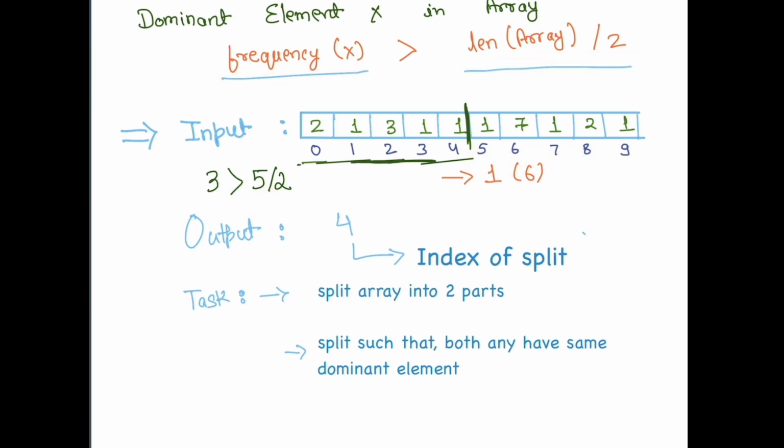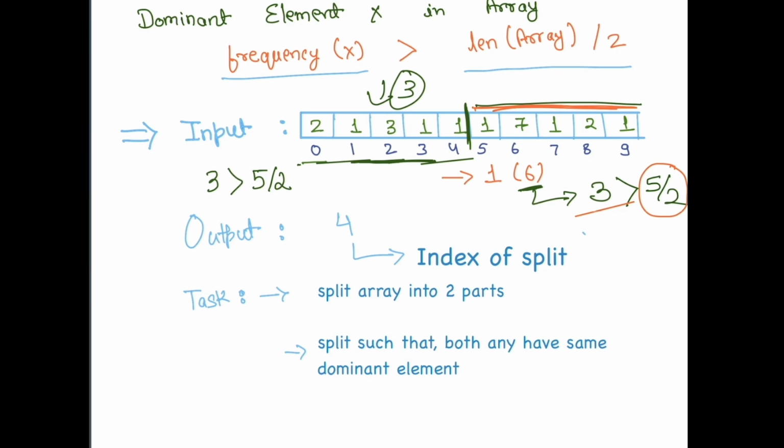So check the other part as well. Since this part has 3 elements, and we know that originally we had 6 elements, the other part will have 3 dominant elements. Is this more than 5 by 2? Why 5? Because we know that the length of this particular array is 5. 5 divided by 2, and we found that yes, this is more. That's why 4 is our answer. That's what you got in your output.